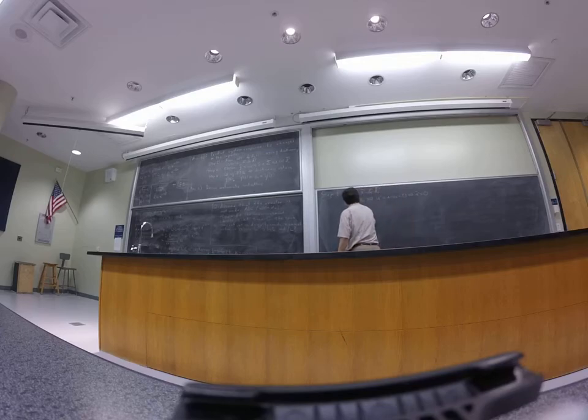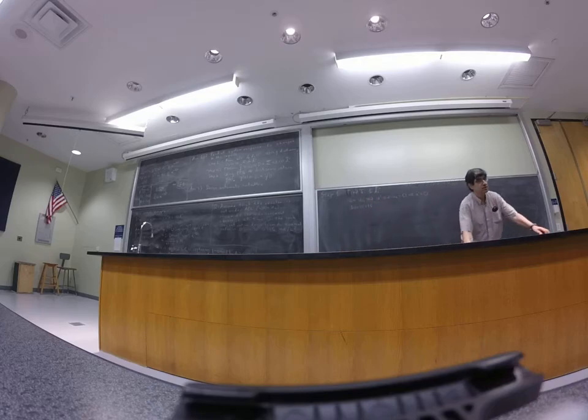D of t is given as 0.195 for all positive times. At time 0, it changed to 0.195. So for all positive times, it is 0.195. Andrea? Clear?